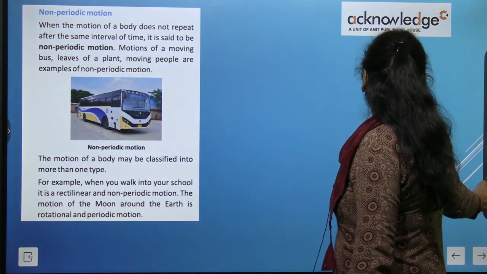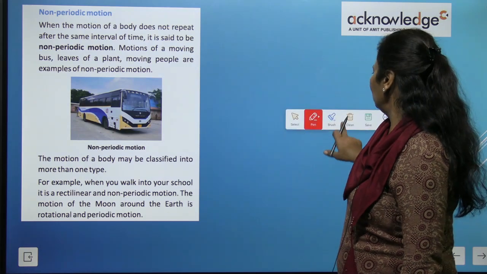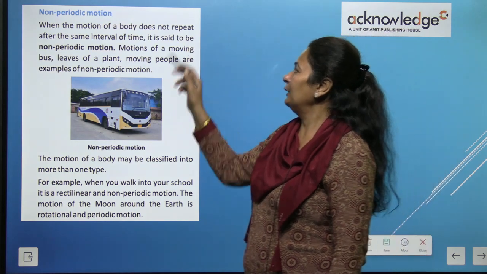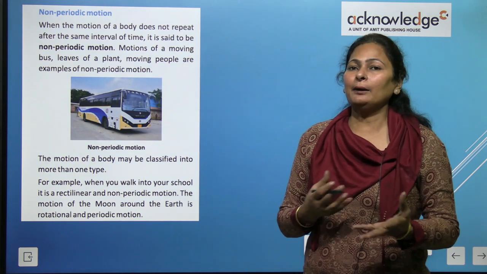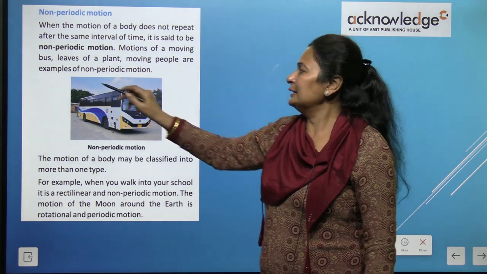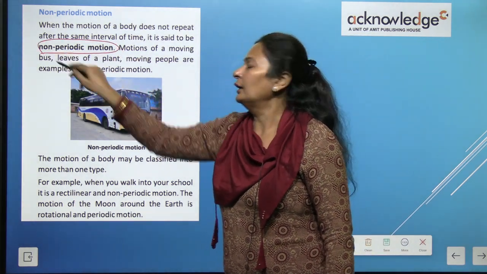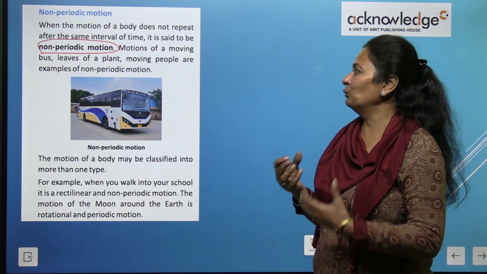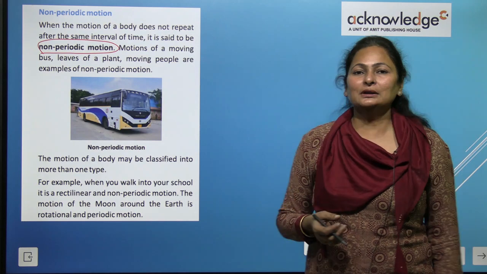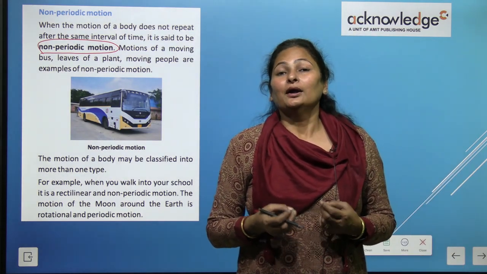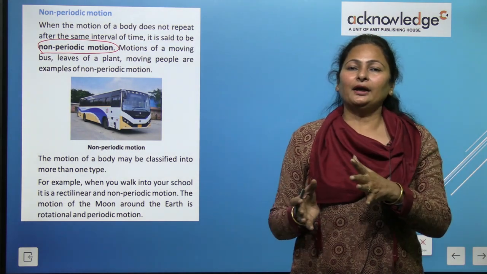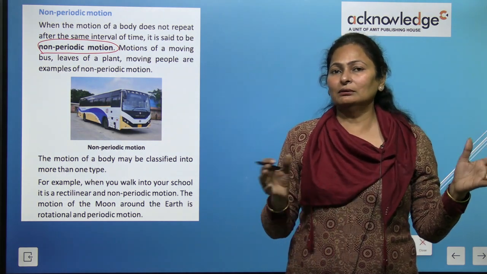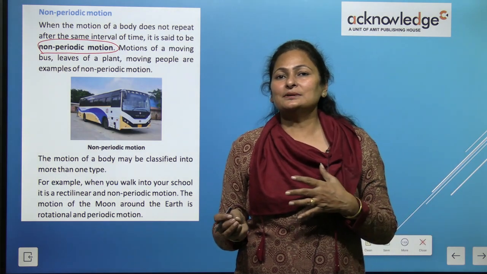Now, non-periodic motion. Non-periodic motion means the time is different. When the motion of a body does not repeat after the same interval of time, it is said to be non-periodic motion. The motion of a moving bus, leaves of plants, and moving people are examples of non-periodic motion. Like every day you go from your home to your school, and your school bus comes, right?